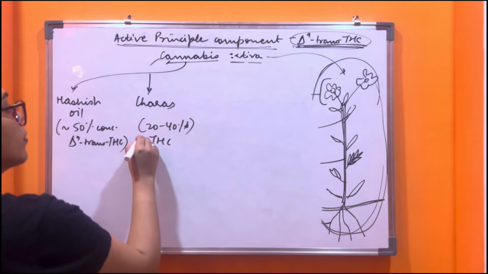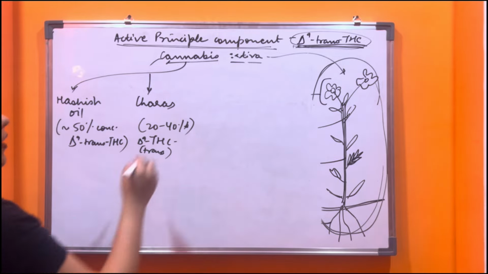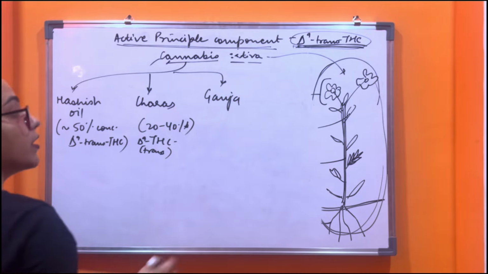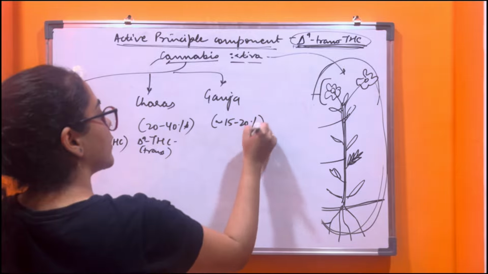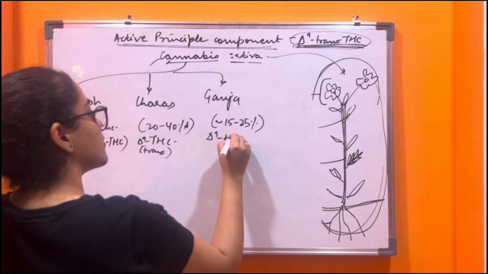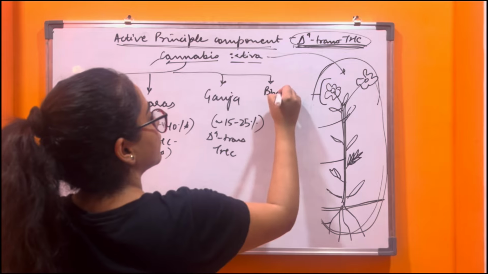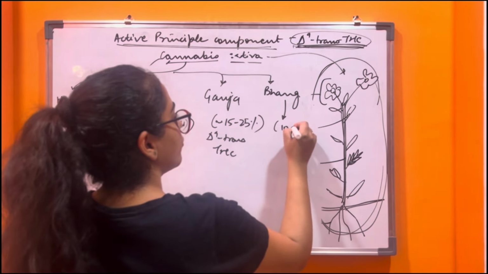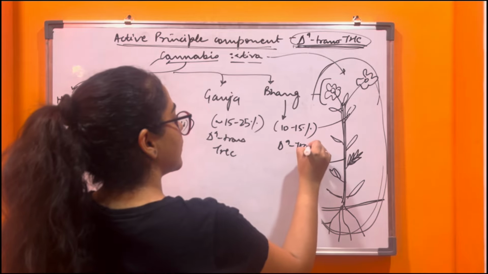After charas comes ganja, which has a composition of about 15 to 20 or 25% of delta 9 trans THC. Then comes bhang, the least concentrated form, with 10 to 15% delta 9 trans THC.